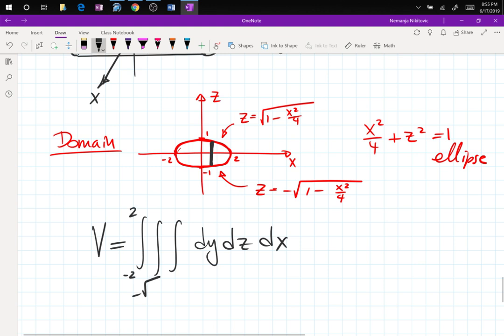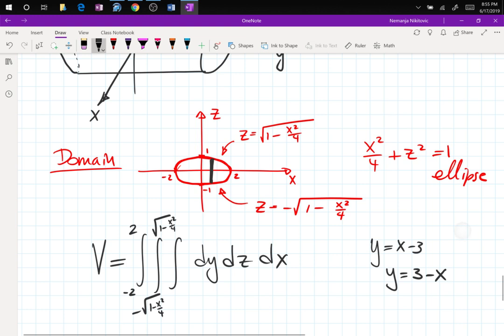Z are the negative square root and a positive square root, which I already know: 1 minus x squared over 4. Now I just have y equals x minus 3 and y equals 3 minus x. Which one goes on top? Which one goes on the bottom?